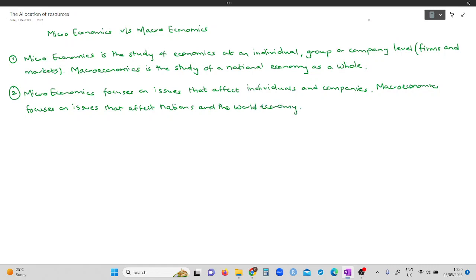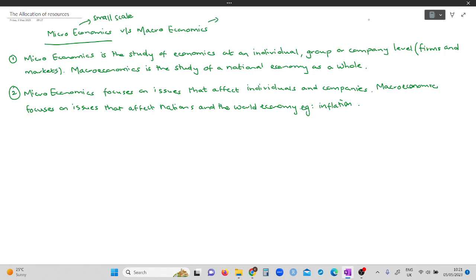Donc, un exemple de macroeconomics example could be inflation, par exemple. Inflation, c'est un phénomène qui affecte un pays en entier, pas juste une partie du monde, ni juste une partie business. Il affecte a whole country, a whole society, a whole economy. D'accord? Donc, this is an example. En principe, micro, it is usually on a smaller scale. D'accord?